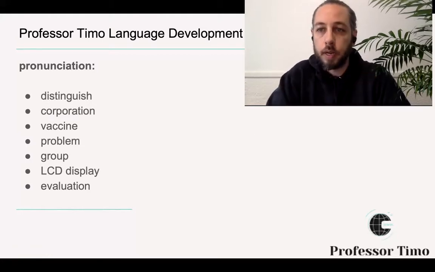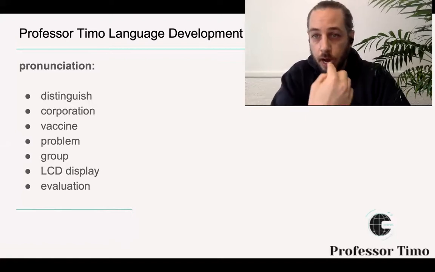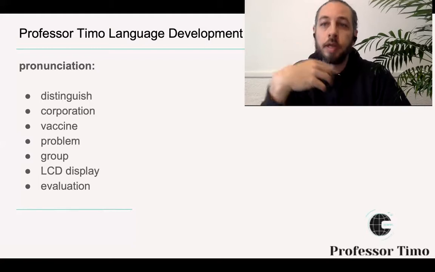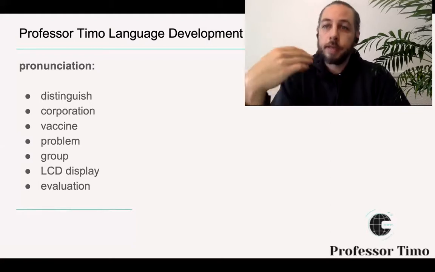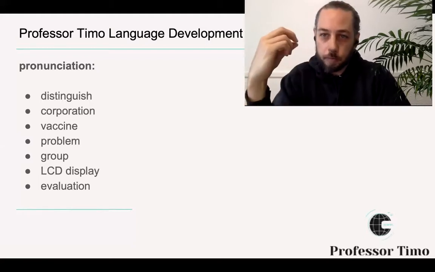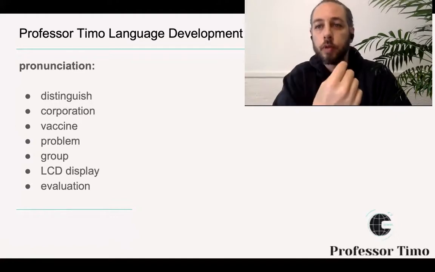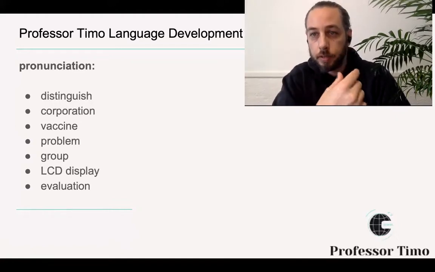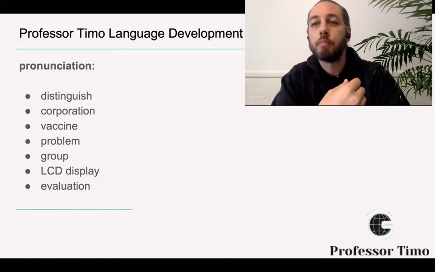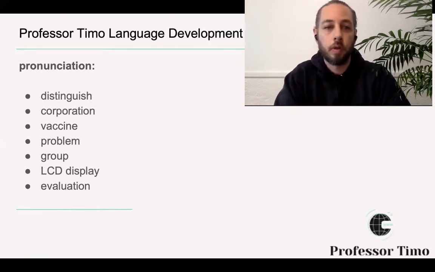So try this word again, problem. If you're not biting your tongue, you need to do it again and again until you are biting your tongue. You don't have to bite it hard, but you should be able to look in a mirror and literally see your tongue. L, L, problem.